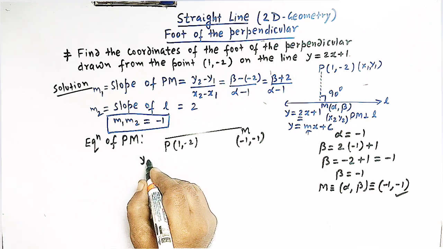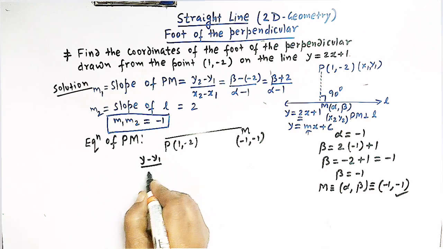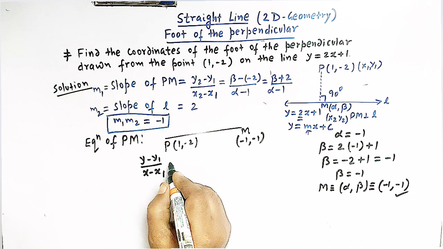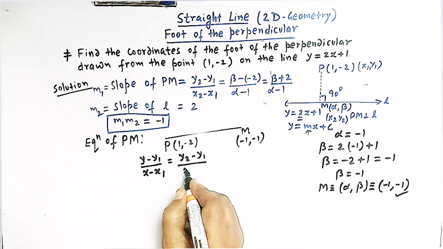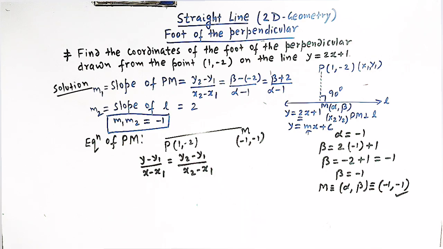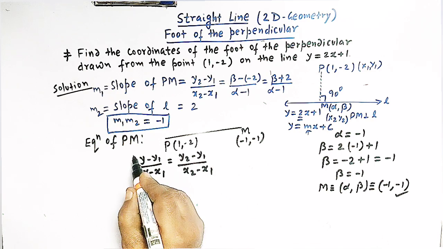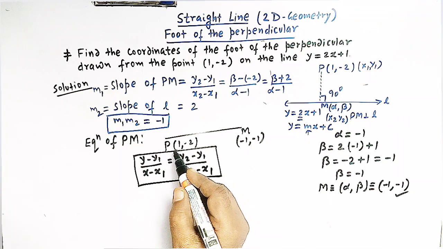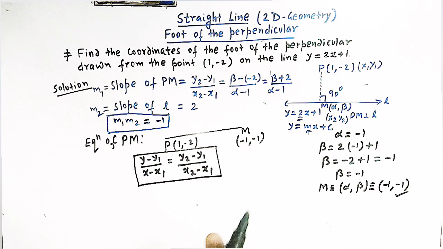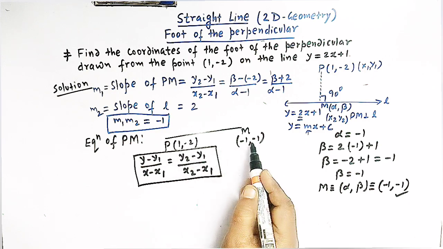And the equation is given by y minus y1 over x minus x1 is equal to y2 minus y1 over x2 minus x1, right? So this is the 2-point form of equation of a straight line, when we know the coordinates of 2 points lying on the line, right?